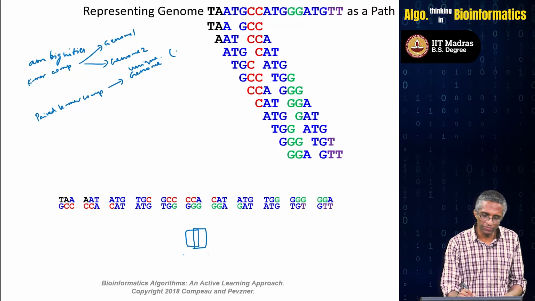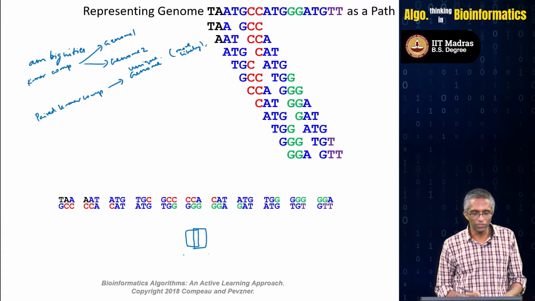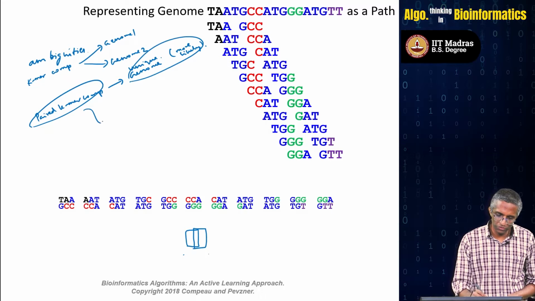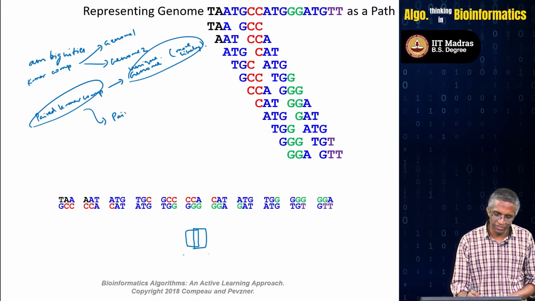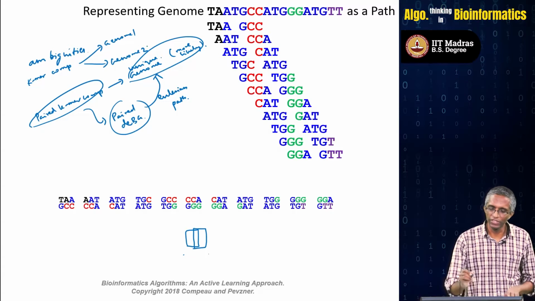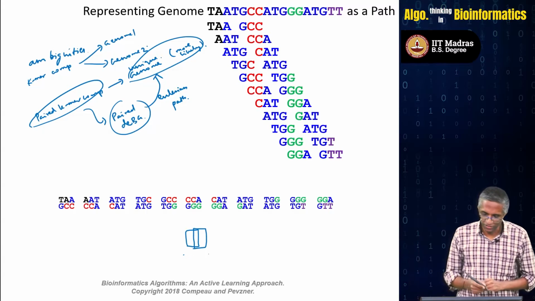Okay, more likely to get a unique genome because some of the ambiguities are resolved. But to go from a paired k-mer composition to a unique genome, you have to go through the paired de Bruijn graph, and then you need to find an Eulerian cycle, or Eulerian path, in the paired de Bruijn graph to get the unique genome. Okay, that is the strategy.